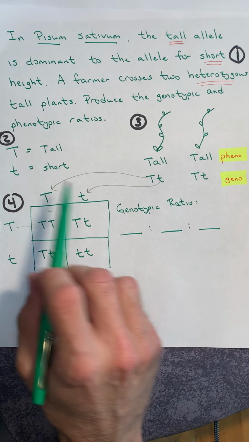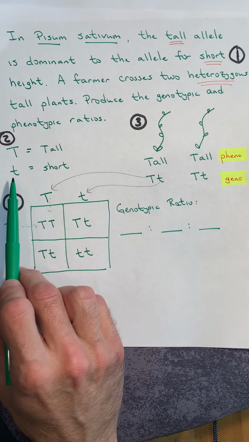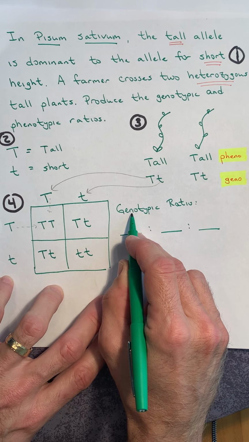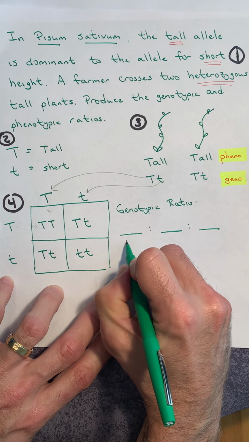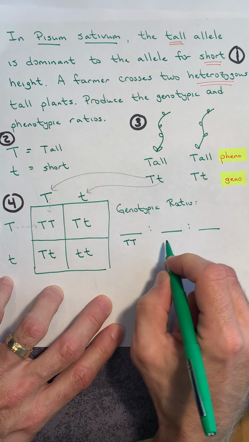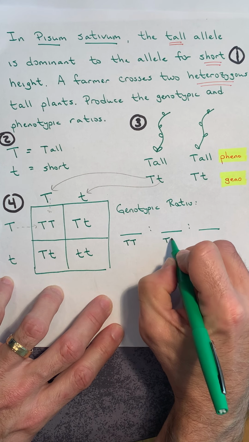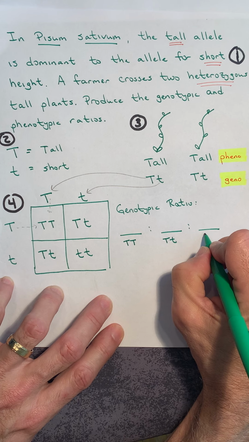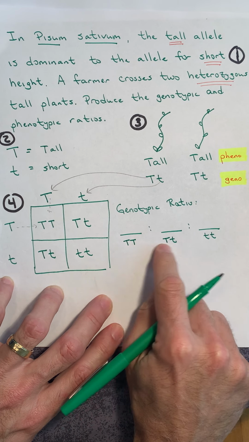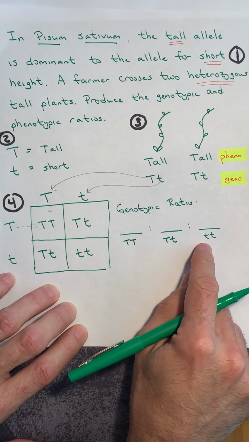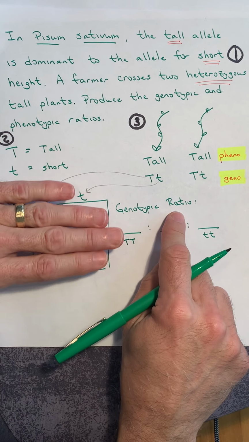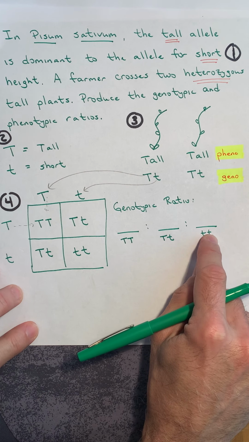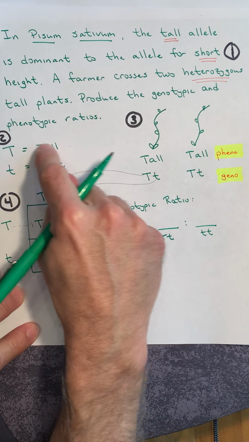So in this cross dealing with big T dominant tall and little t recessive short, the genotypes, what they carry in their genes, you always list the dominant first, big T, big T. You then list the heterozygote, big T, little t, and then the homozygous recessive, little t, little t. These are your 3 possibilities. You're not listing what's in the Punnett Square. When you make the genotypic ratio, you actually ignore the Punnett Square. These are what is possible with the alleles that are being presented.